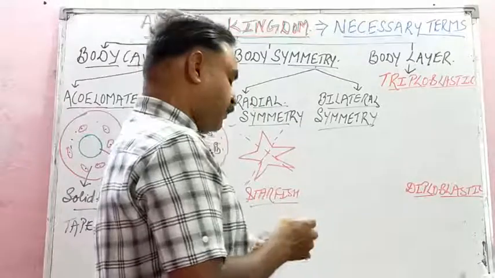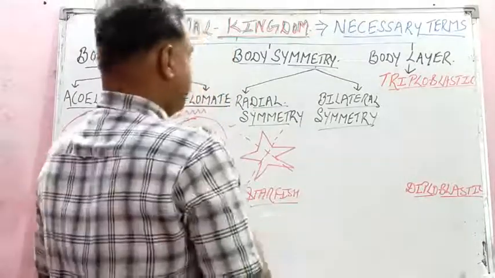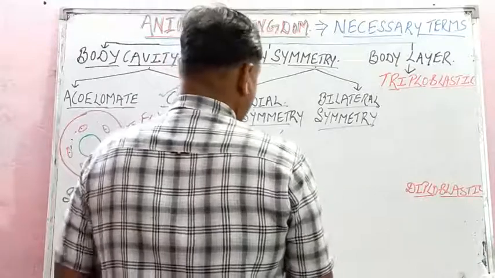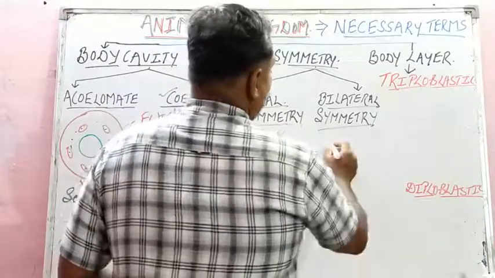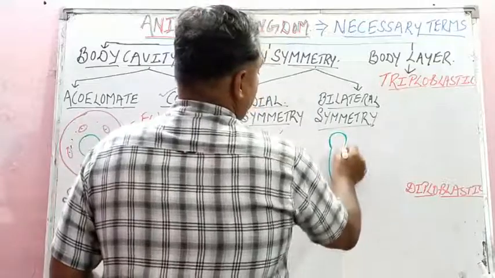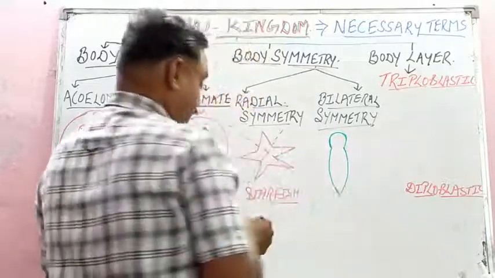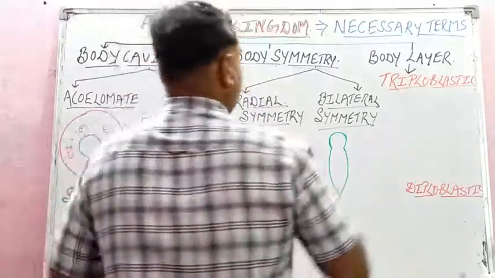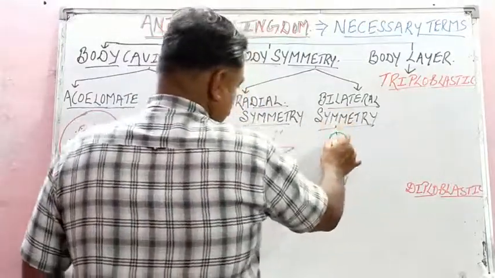And children, bilateral symmetry: the body can be divided into two equal halves from only the longitudinal axis. The body can be divided into two equal halves from only this longitudinal axis, this one.